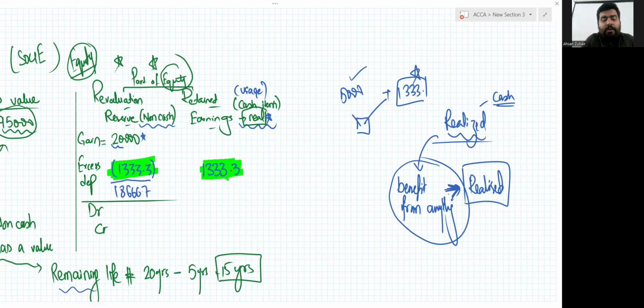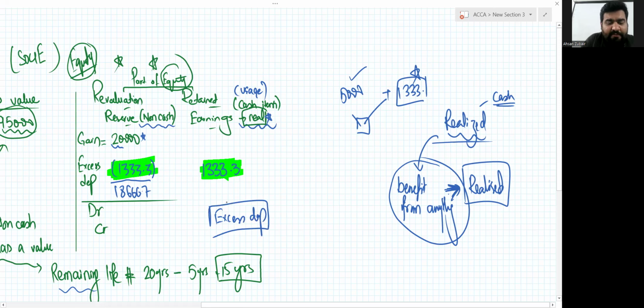Okay. Now we have to make the entry for excess depreciation. So excess depreciation has what effect? Excess depreciation has only one effect in the statement: it is deducted from revaluation reserve and has gone to retained earnings. As equity is credited, obviously the revaluation reserve nature will be credited, and retained earnings will be credited, because they are also part of equity.